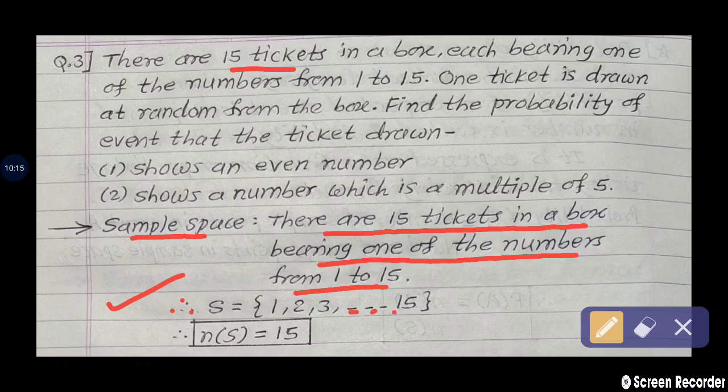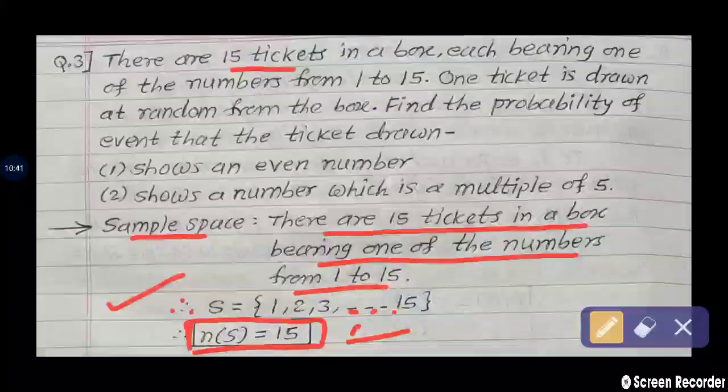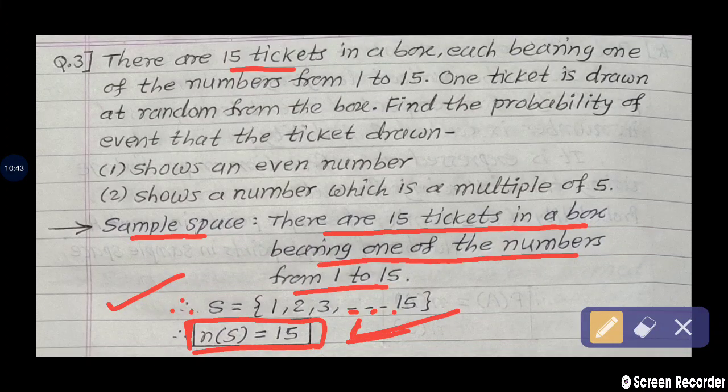No need to write all the numbers 1, 2, 3, 4, 5 up to 15. Write 1, 2, 3, then three dots, and the last number 15. How many numbers are in the box? Total 15. So n(S) = 15, which means the total sample points in the sample space are 15.